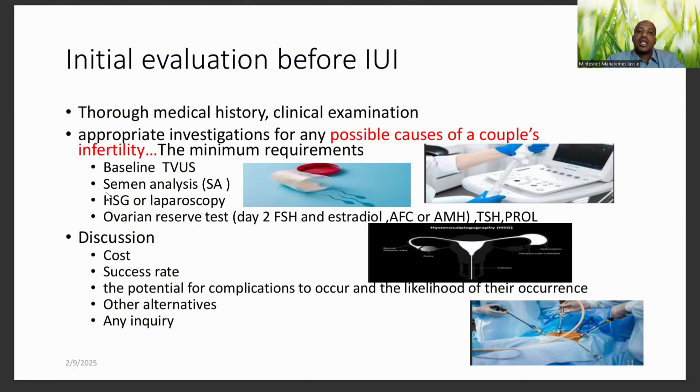So semen analysis should be the first modality of investigation and it has to be done by an andrologist. At least it has to be done as an outpatient. You can send semen analysis as an outpatient to any fertility center so that we will have a right report of semen analysis. The other important baseline investigation is transvaginal ultrasound.